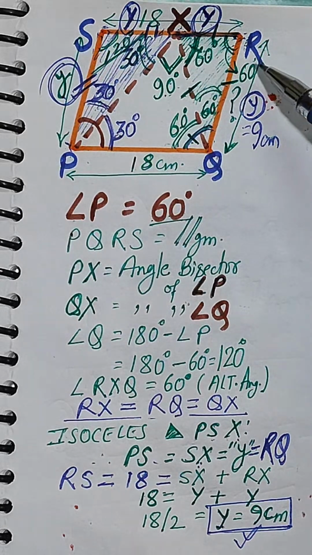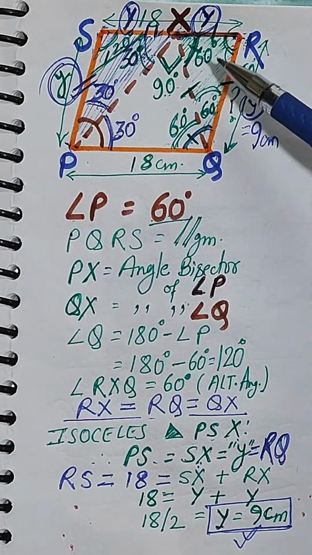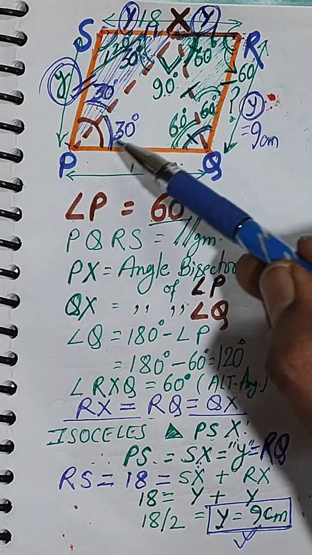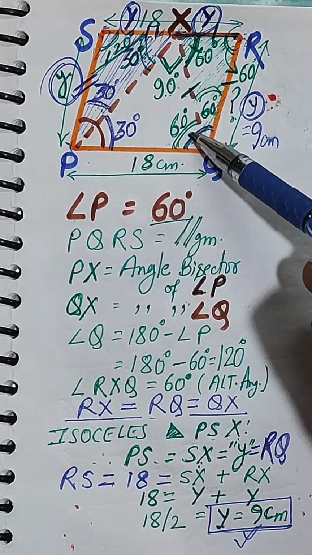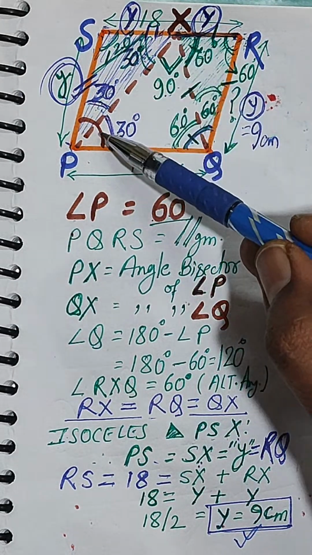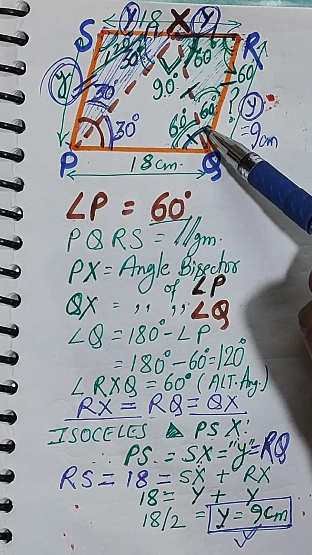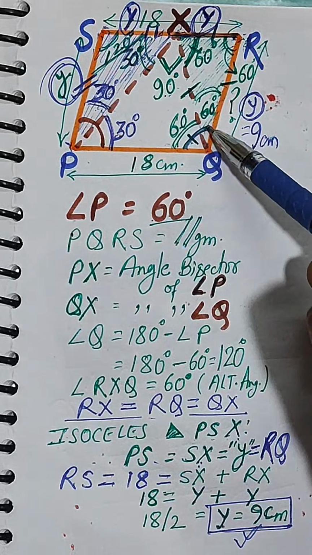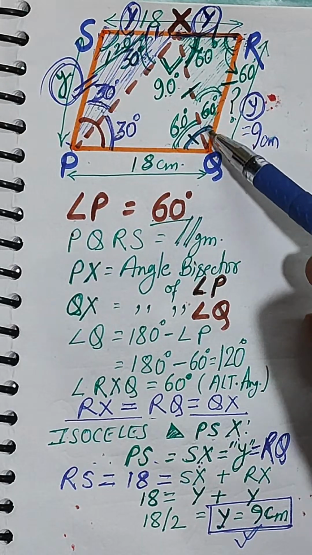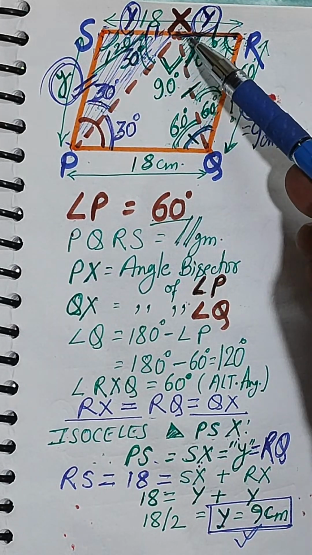So initially, if we see for this question, there was a parallelogram and angle 60 degree is only given to you. These were the two angle bisectors. So if this is 60, then this angle Q is equal to 120 degree, being interior angles of a parallelogram, sum is 180 degree. So this will be 60, this will be 60 because QX is also the angle bisector.